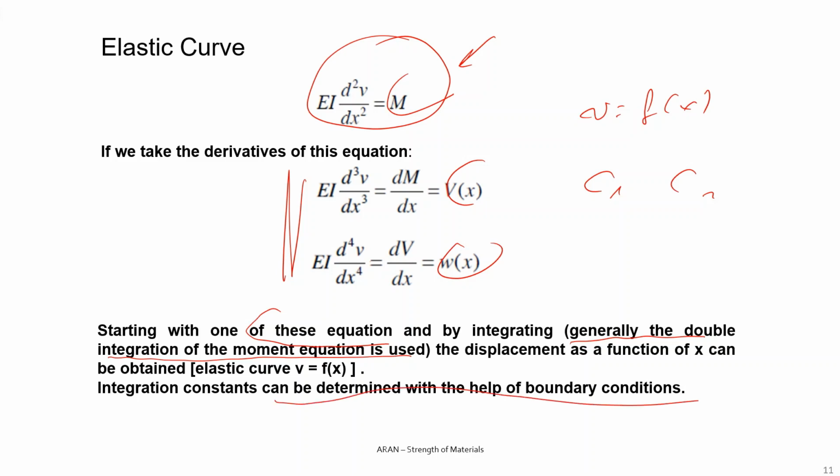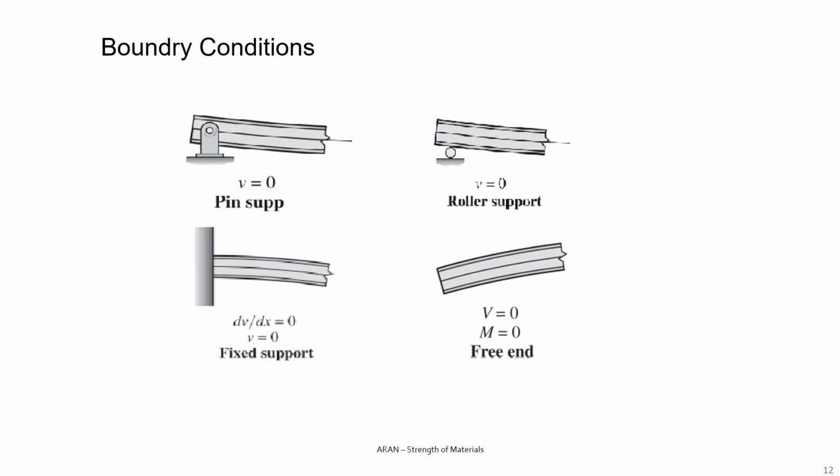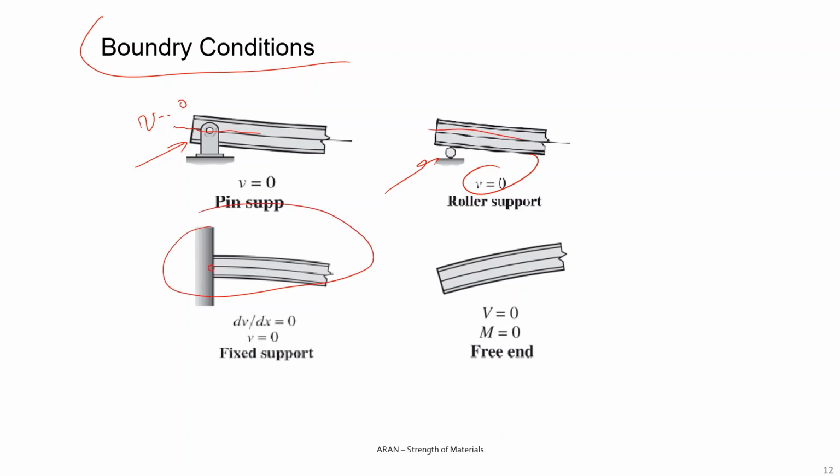the boundary conditions. Well, what are the boundary conditions? As mentioned before, if you have pinned supports where v is restricted, the beam is free to rotate. If you have a fixed support, well, the deflection is restricted and also the rotation is restricted.